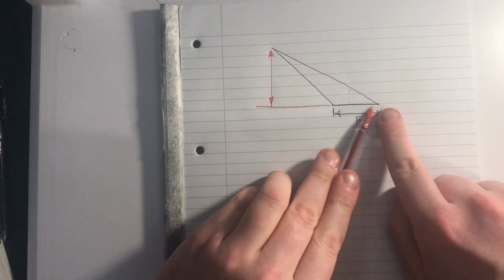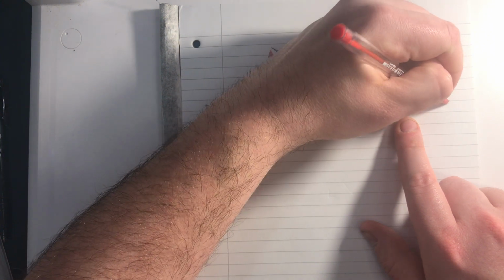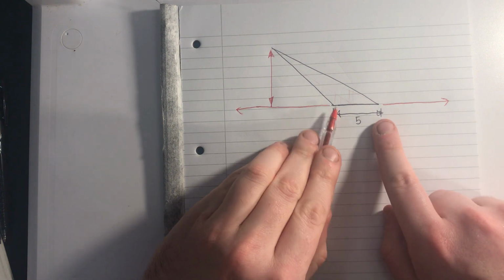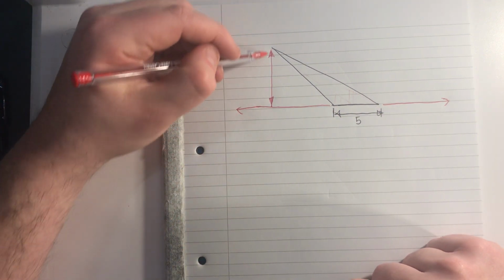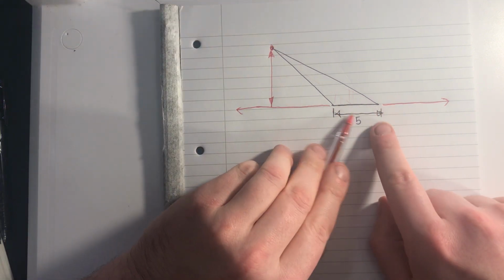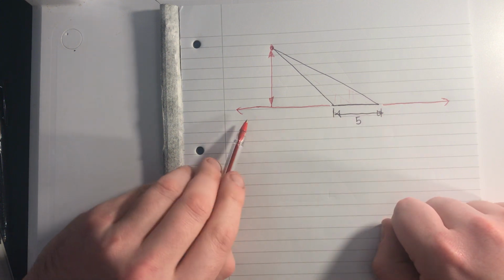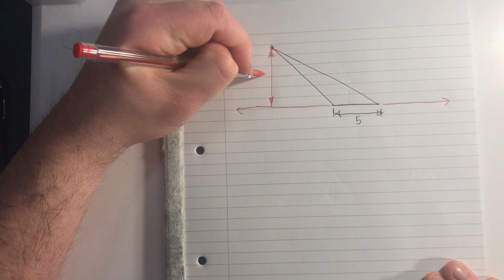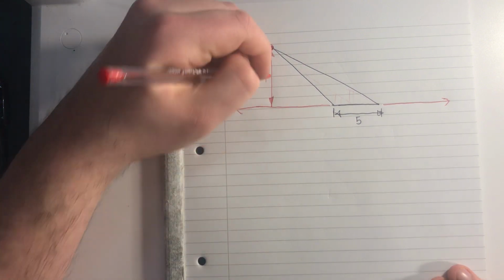So if we imagine this length 5 is on a straight line going forever in both directions, and that's where our size 5 is, and our perpendicular height is the height from this distance, not to this line segment, not to this side of a triangle, but to the line that side of a triangle is on. So it's that distance there, and this time it's going to be, I don't know, 7. Did I pick 7 already? Let's make it 9.